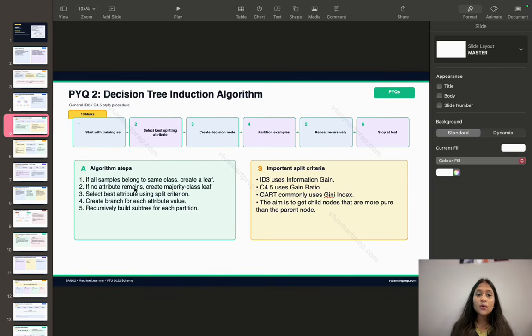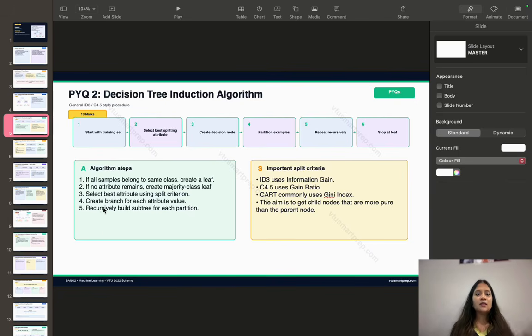And it finds the best attribute using the split criteria. In the split criteria it uses the information gain, the gain ratio, and also the Gini index. These three things you have to remember.